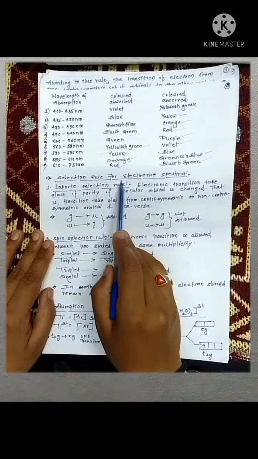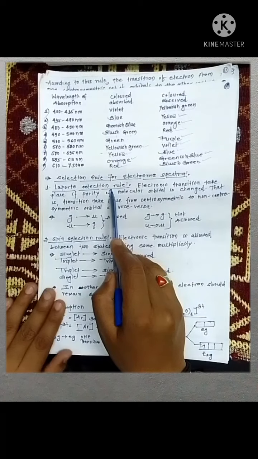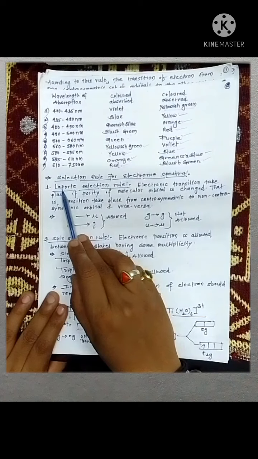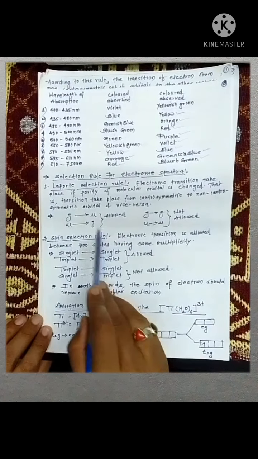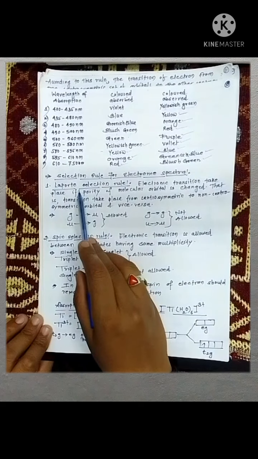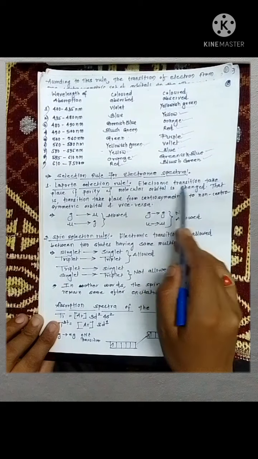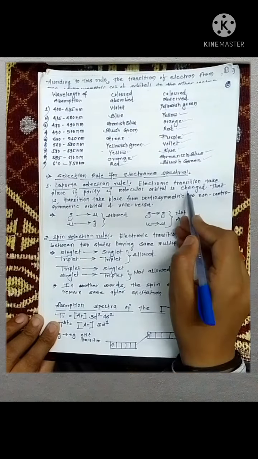Now the selection rules for electronic spectra are most important. Students, please make note of that. There are two rules. The first rule is known as the Laporte selection rule, the second is known as the spin selection rule. First we are going to see the Laporte selection rule. According to it, electronic transition takes place if the parity of the molecular orbital is changed.